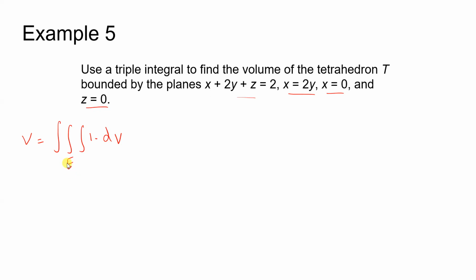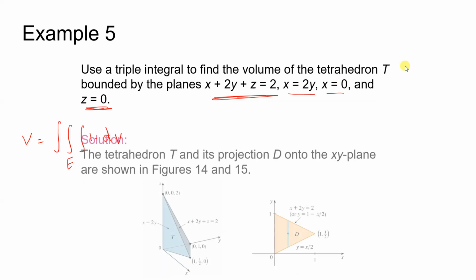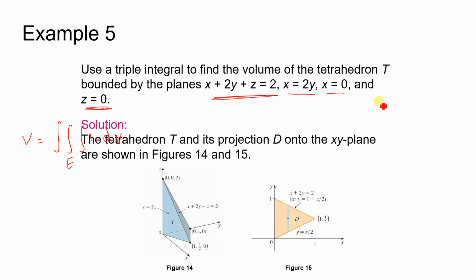In order to find the bounds for all the variables, first of all, let's find the bounds for z. z is bounded below by 0 and bounded above by z is equal to 2 minus x minus 2y.